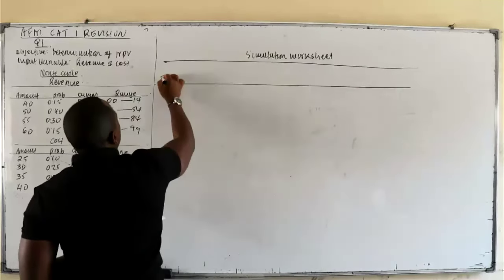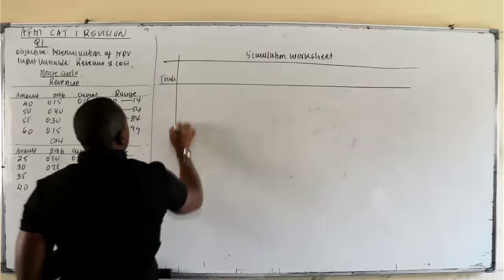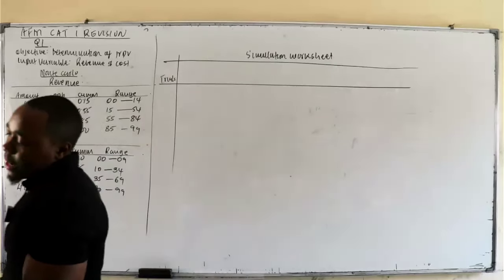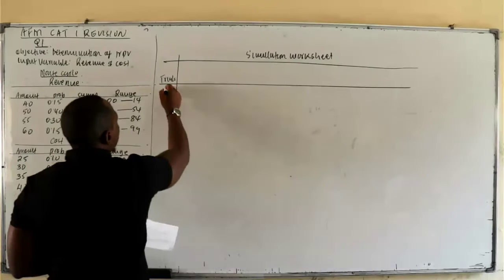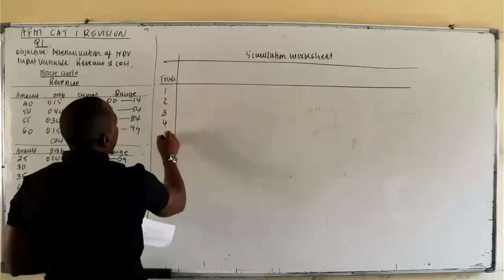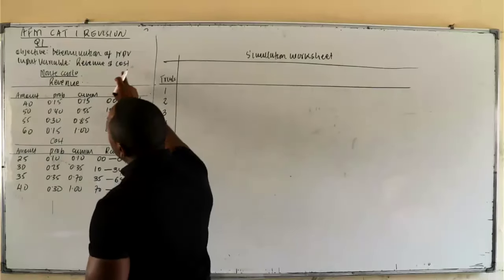So we start with the number of trials. Now, the number of trials depends on the random numbers given. How many random numbers do we have? We have 5 of them. Then the information we have is the revenue.